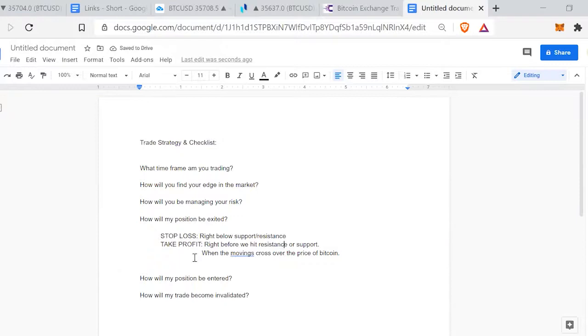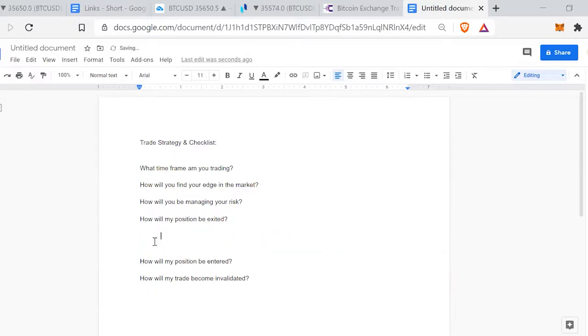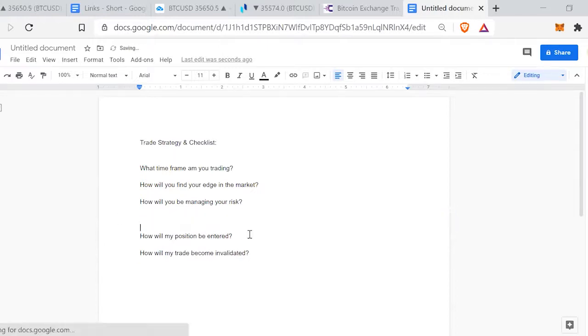Write these down, where your stop loss is going to be, what your parameters are going to have to hit, or price is going to have to hit, or something like that. Make sure that this is all planned out before you enter the trade, right? So depending on you guys and what works for you, whether you want to figure out where your position will be exited first or where your position will be entered first.